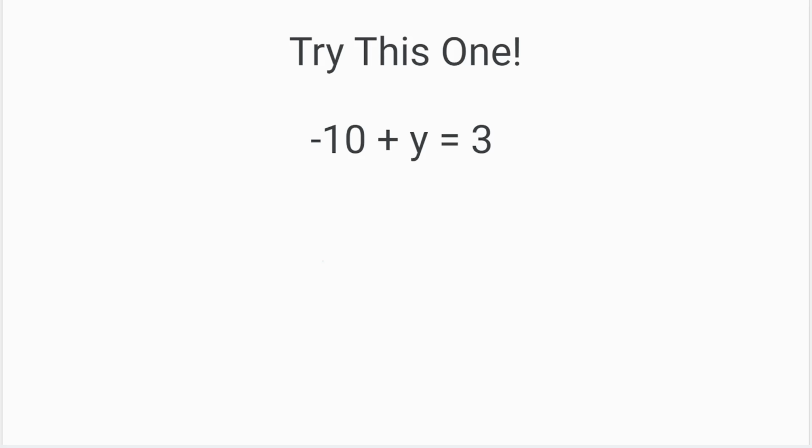And now this will really work like all of our other ones. Ask yourself, what is the opposite of negative 10? Well, that should just be positive 10. And I need to do that to both sides.